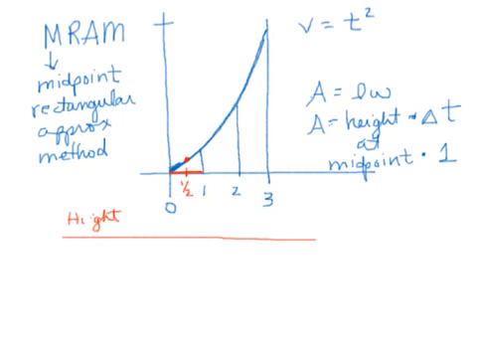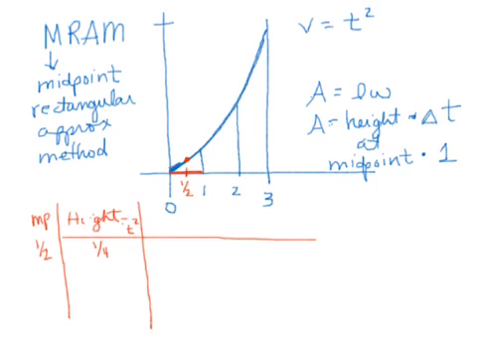So the midpoint is 1/2. When we substitute 1/2 in for t, what are we going to get? If you substitute 1/2 in for t squared, you're going to have 1/4.